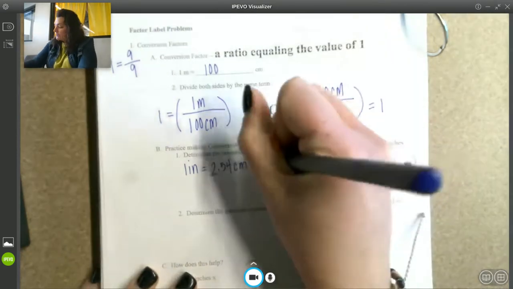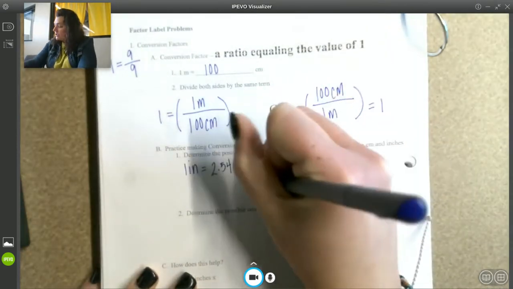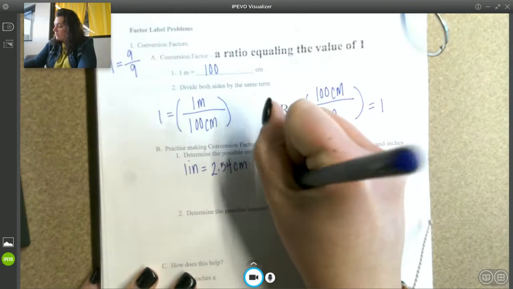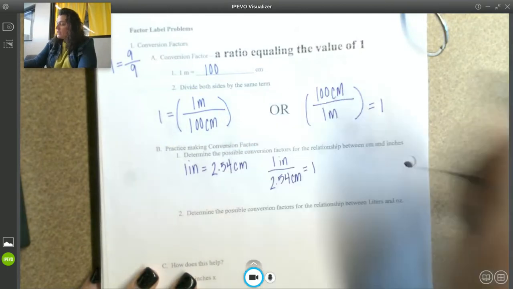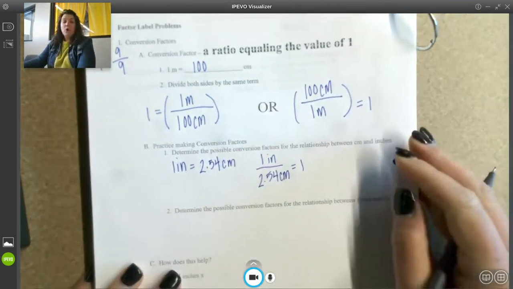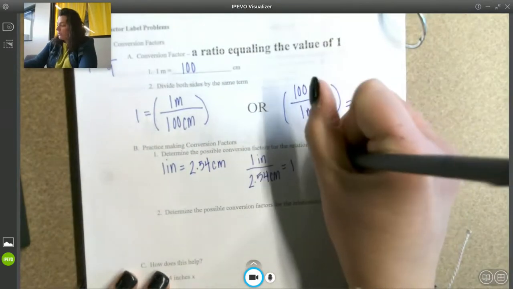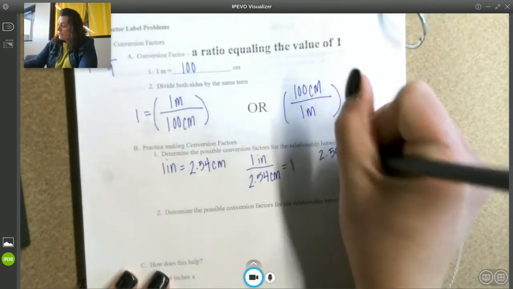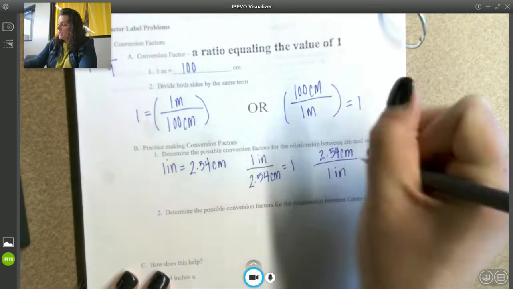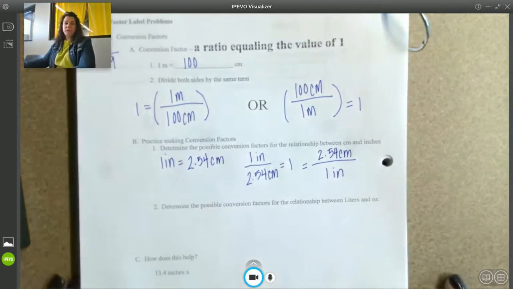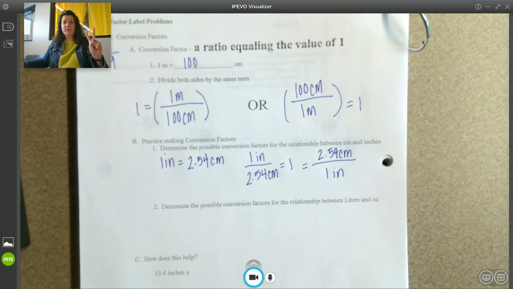So I can say for every 1 inch, it's 2.54 centimeters. That is going to be equal to 1. Or I can flip them and create the other conversion: 2.54 centimeters for every 1 inch. That is also equal to 1. So we have 2 different conversion factors. Anytime you have 2 different units, you're going to have 2 different conversion factors.